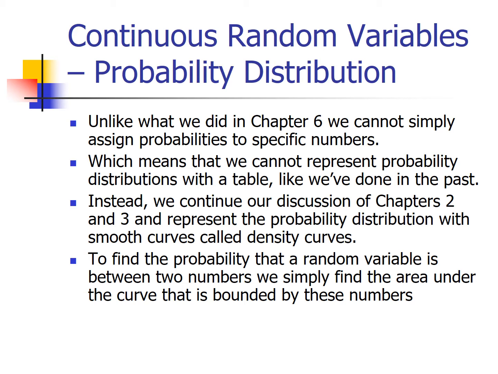Do we see that? Remember, continuous random variables not only take the values 1, 2, 3, and 4, but they take all the values between 1 and 2, all the values between 2 and 3, all the values between 3 and 4, right?